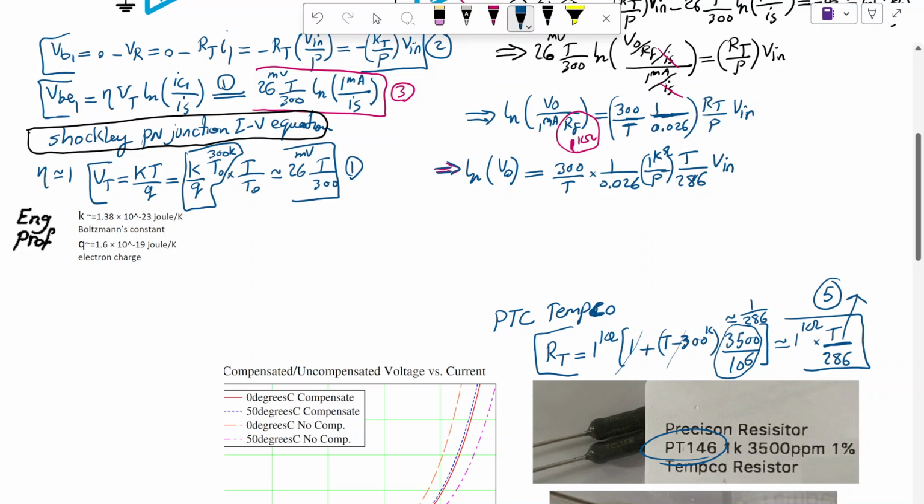Very nice. So this shows the importance of the benefit of having Tempco.